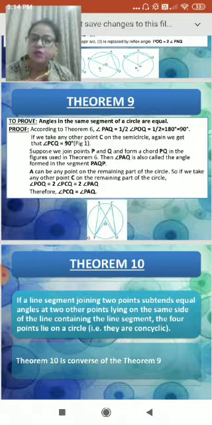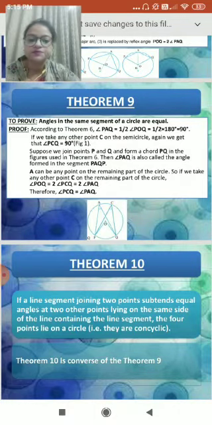Angle PAQ is also called the angle formed in the same segment PAQP. A can be any point on the remaining part of the circle. So if we take any other point C on the remaining part of the circle, we'll get angle POQ is twice angle PCQ, which is again twice PAQ. Therefore, PCQ is equal to PAQ. So angles in the same segment of a circle are equal.